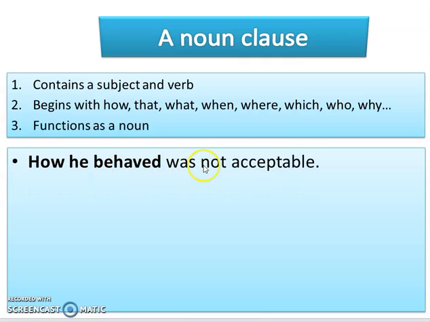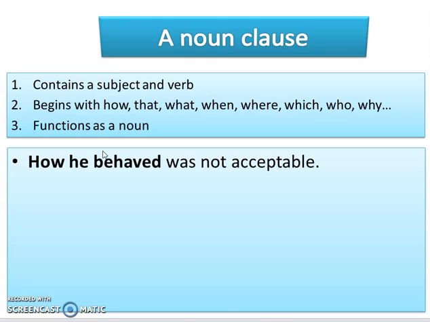"How he behaved was not accepted." How he behaved is a noun clause. Dependent clause because it cannot stand alone. Noun clause because it takes the place of a noun in the sentence. What do we mean by it replaces the noun? If I cross out "how he behaved" and I put "it was not acceptable," it is taking the place of a subject in this sentence.